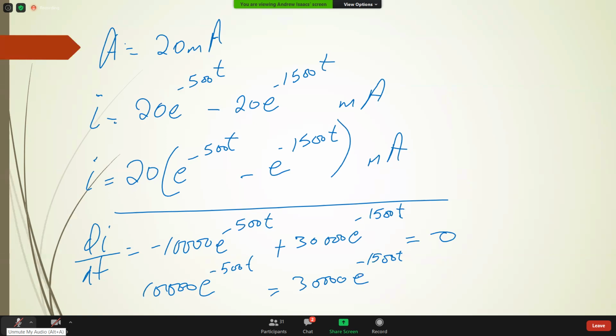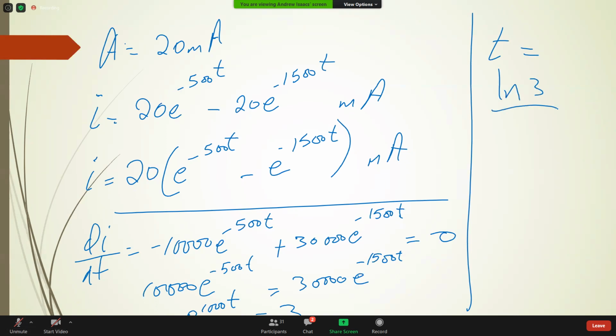Or in other words, e to the 1,000t is equal to 3. Everybody clear with that? So t is equal to ln 3 divided by 1,000.